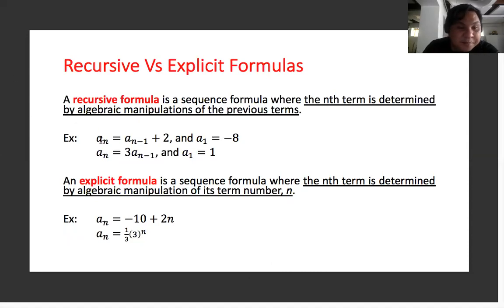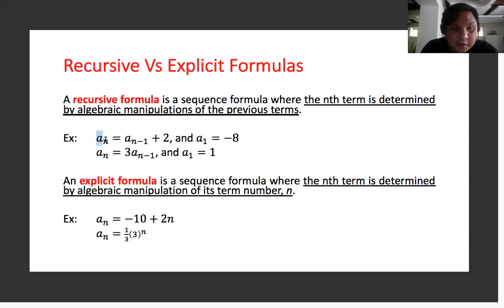For example, a sub n is equal to a sub n minus 1 plus 2. Then usually you will have to define the first term. a sub 1 is the first term, because notice it has the subscript of 1. That is term number 1, so term number 1 is -8.